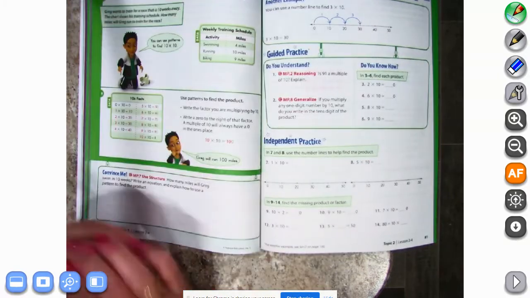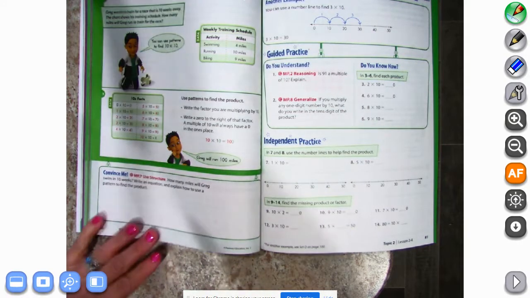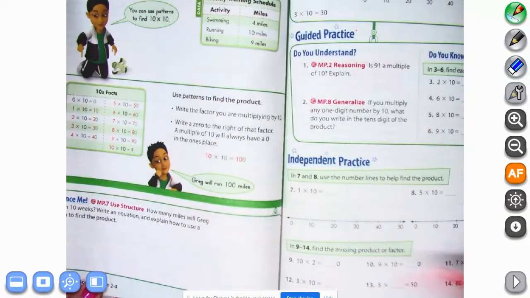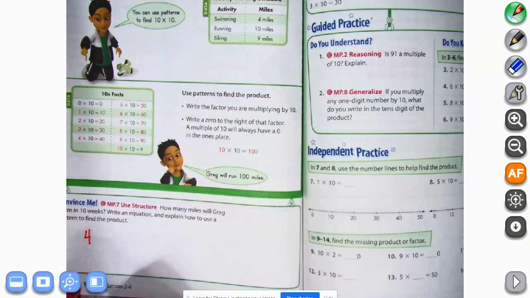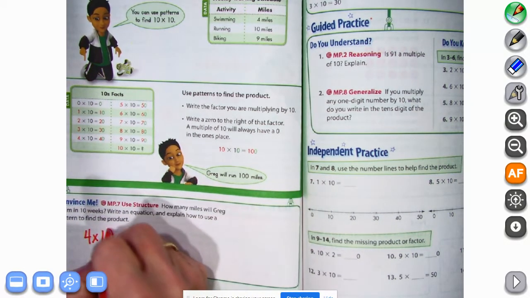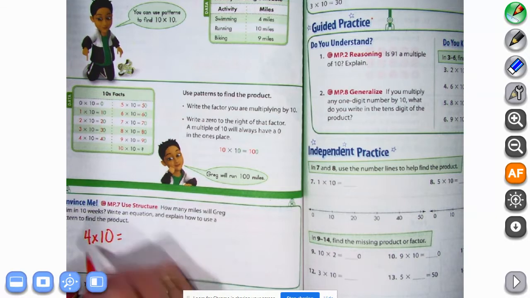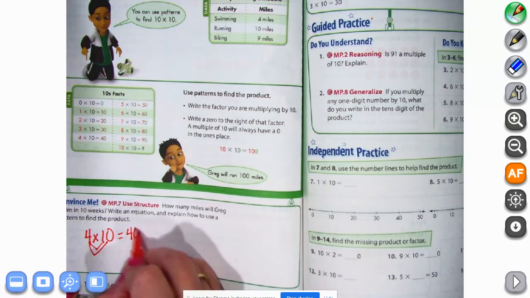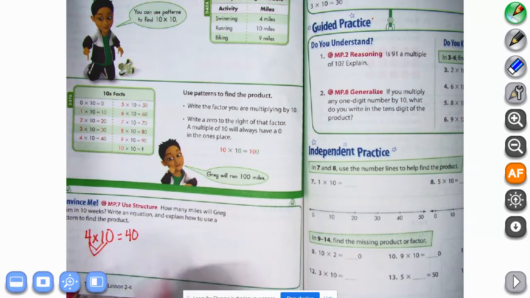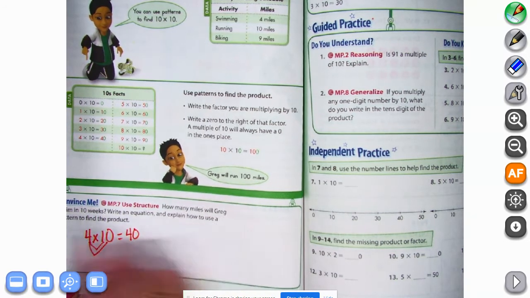Okay, so how many miles will Greg swim in 10 weeks? All right, so how many miles does he do for 1 week? He does 4 miles times 10 weeks. We can do the 4 times the 1 equals 4, and the 4 times the 0 equals 0. So we can explain how to use the pattern to find the product.